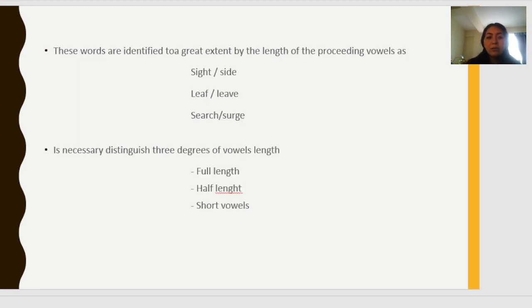These words are identified to a great extent by the length of the preceding vowels, as in side or sight, live, live, search, search. It's necessary to distinguish three degrees of vowel length: full length, half length, and short vowels.